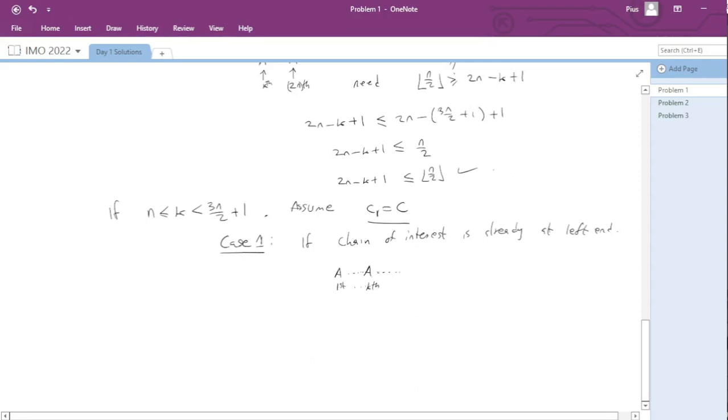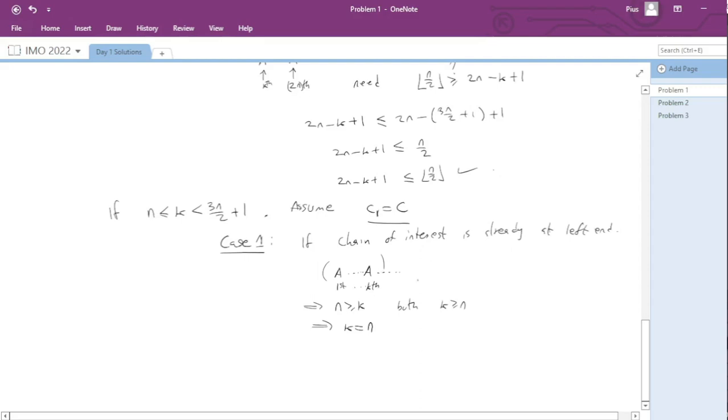Okay, so this means we need to have at least K of these A's, so therefore we must have that K has to be less than or equal to N. And based on the range we are dealing with, we also know that K is greater than or equal to N, so this means that K has to be precisely N. And once we have K is N, we see that this is all N of the A's, and we are done, because the rest will just be the B's, which will be the other string.